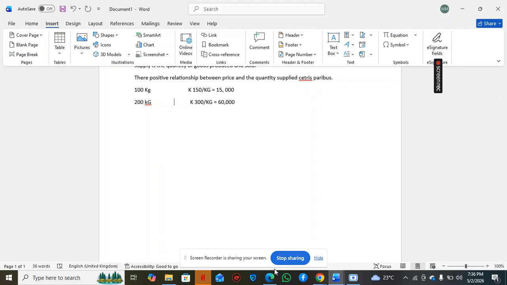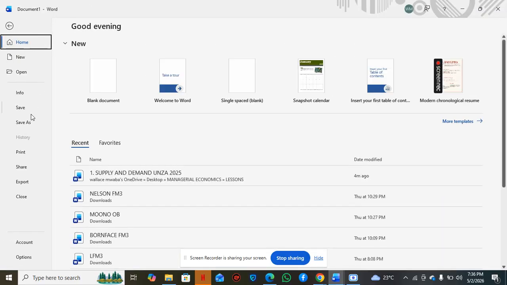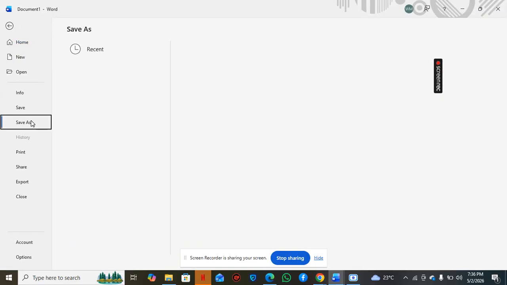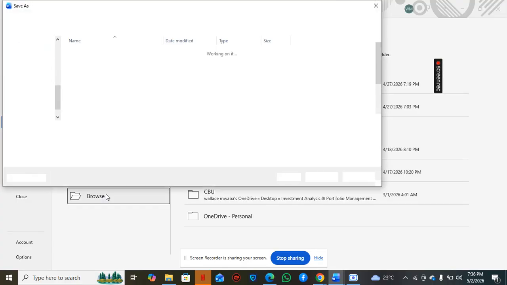Let me draw the graph for the supply function. Let me just transfer this to PDF because that's where I have the drawing tools.